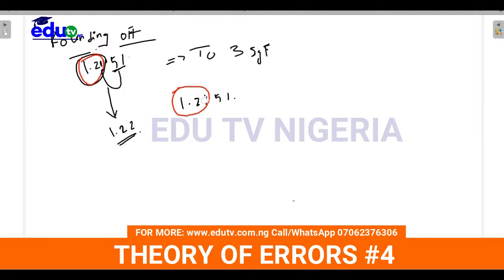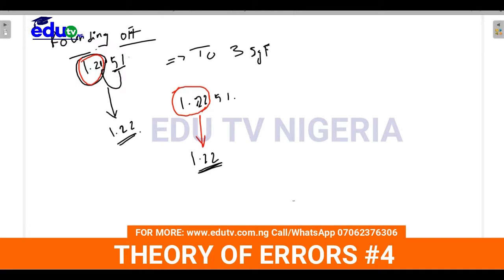So 1.22. Rounding off, we get 1.22 also, because this is even. All right, so rounding off depends on the number of significant figures you want to get.